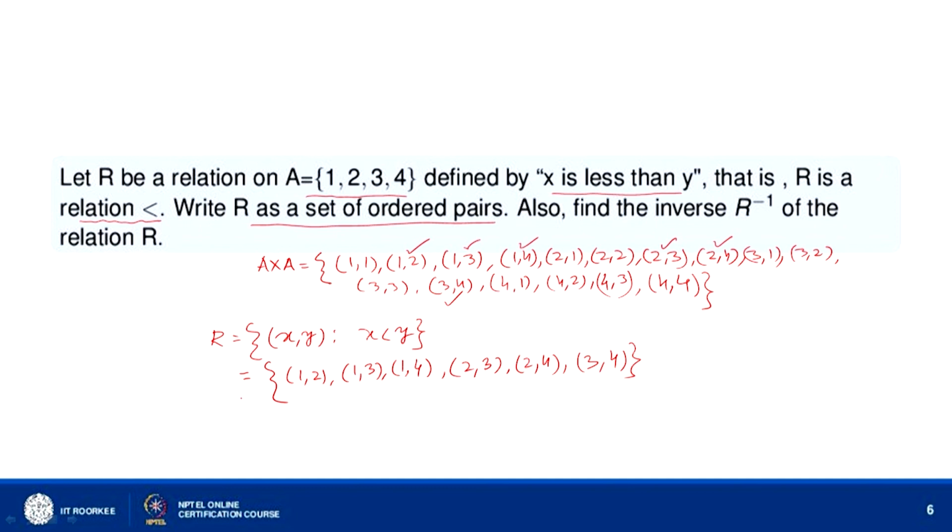Okay. Now, write R as a set of ordered pairs. Also find the inverse R inverse of the relation R. So, R inverse: if (x, y) belongs to R, then (y, x) belongs to R inverse.